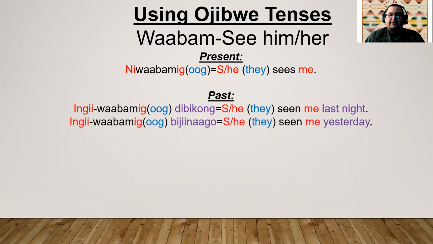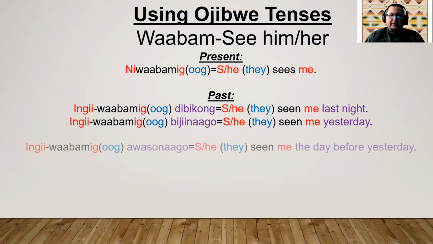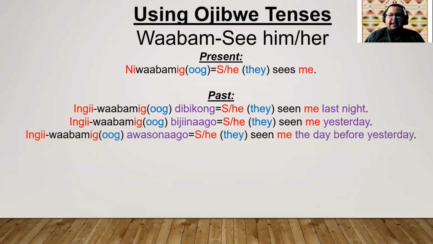Ingiwabamig bijinago. She or he saw me yesterday. Okay, and then to pluralize that, talking about they, Ingiwabamigug bijinago. They saw me yesterday. All right, moving along, still past tense. We're talking about the day before.